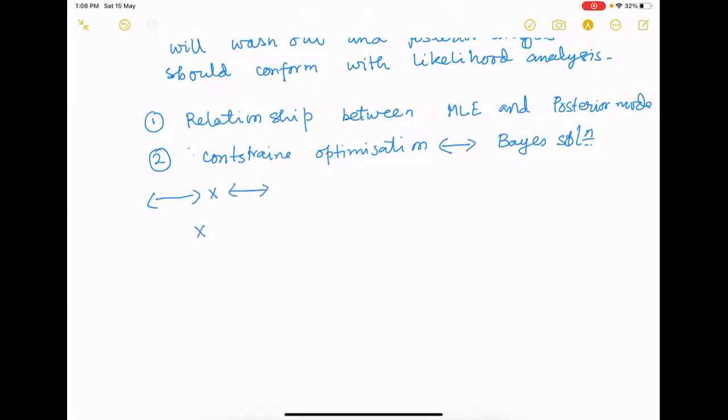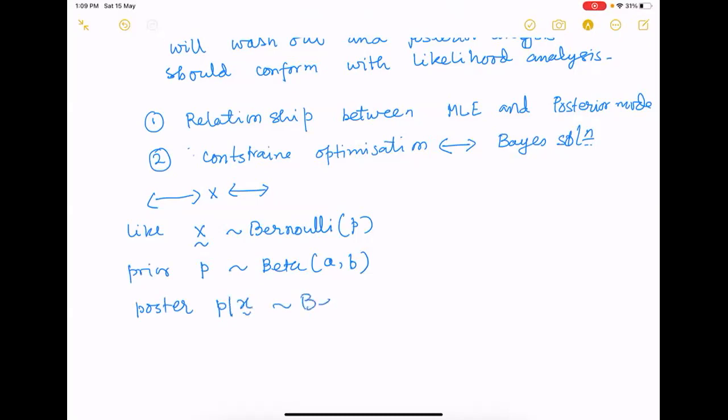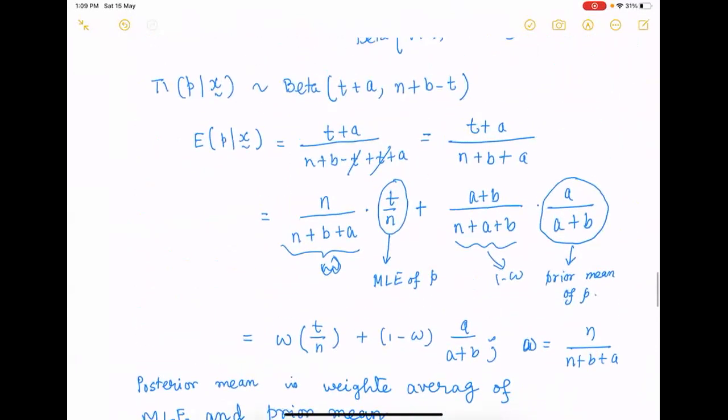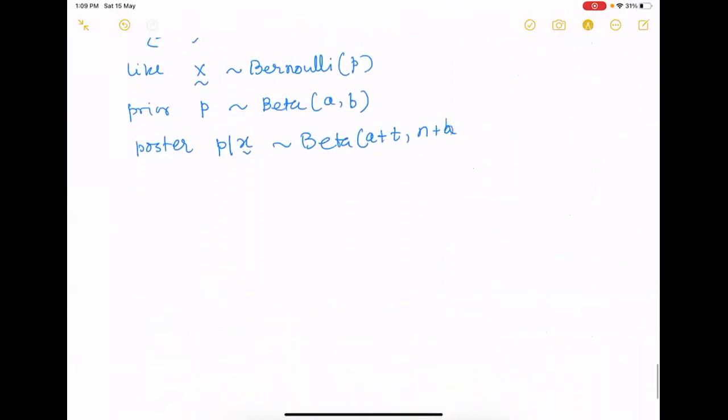You notice that we started with Bernoulli P. Then we said that if I take P to follow a beta distribution with A comma B, this is my likelihood, this is my prior, and when we apply Bayes theorem on that, we got the posterior P given X tilde also following a beta distribution, which is A plus T and N plus B minus T.